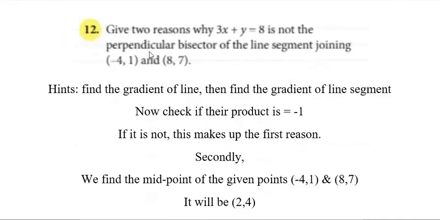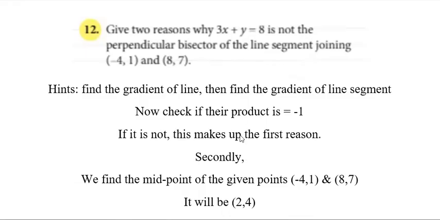When we have the equation, we rearrange it to find the gradient. When we have coordinates, we just use the formula to find the gradient. If the product of two gradients is equal to minus 1, then they are perpendicular. If not, they are not perpendicular to each other. So this is the first reason.